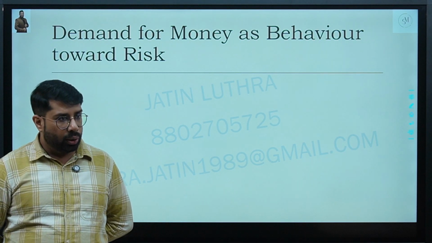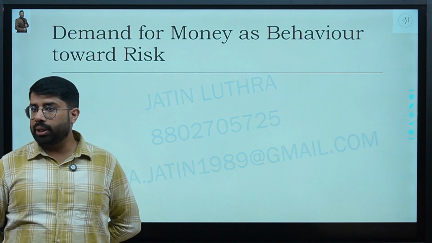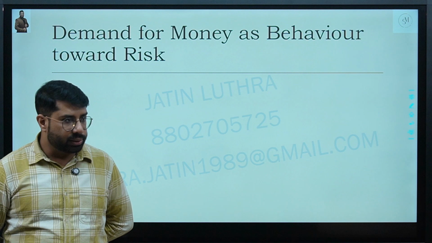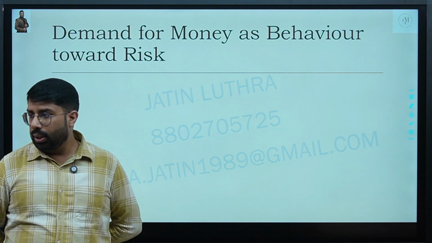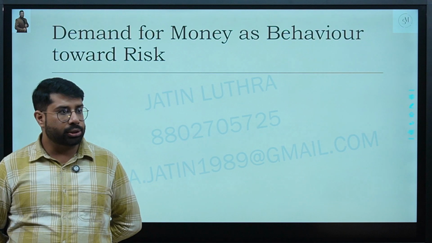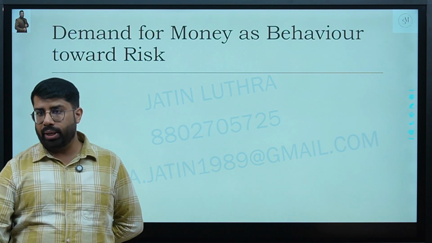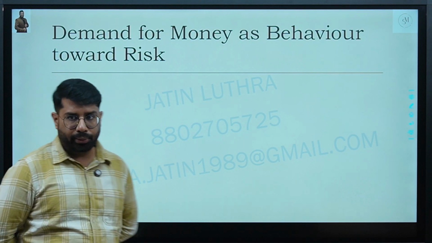There's a third category also, which is risk neutral. Risk taker means they love taking risks. Risk averse means the people who avoid taking risk. And risk neutral means they are on a neutral side. They may not take risk. Okay, remember this thing. This theory will be easy for you.